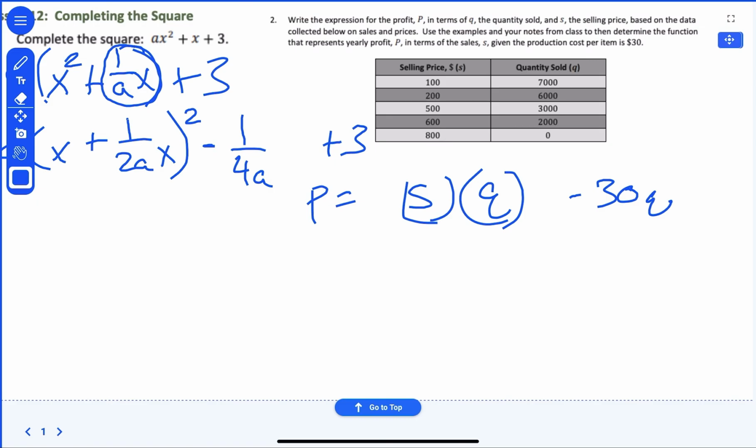Why 8,000? Okay, so as we drop the price by 100, we would gain 1,000 more units sold. Does everybody see that?